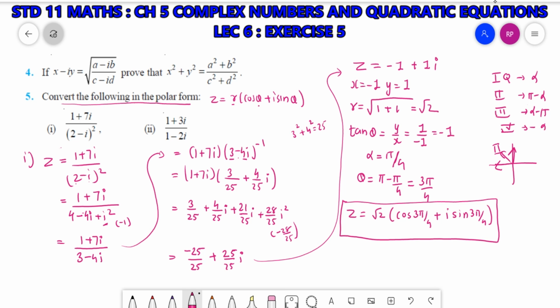Note it down. Now the second one is just similar to the first one, so solve it by yourself. Let's move to the next questions.